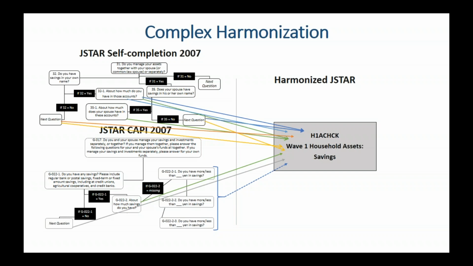This would normally take a new programmer several weeks of work to complete, and savings is only one component of the total household assets. As such, by taking into account the survey's skip patterns, the harmonized datasets we offer can save researchers and programmers months of time.